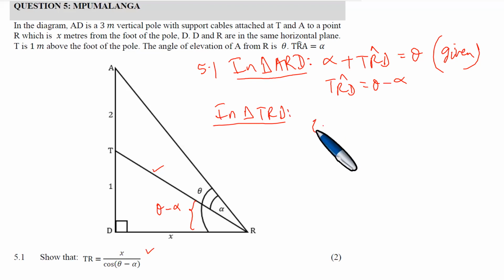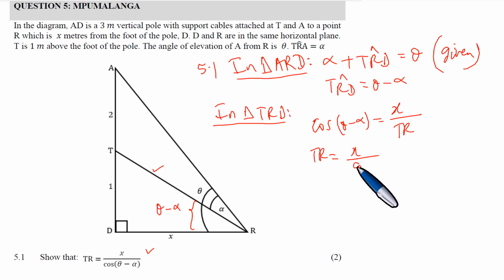The cosine of theta minus alpha is the adjacent over the hypotenuse. The adjacent is X and the hypotenuse is TR, which means TR is X divided by the cosine of theta minus alpha.